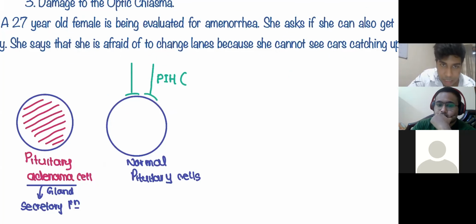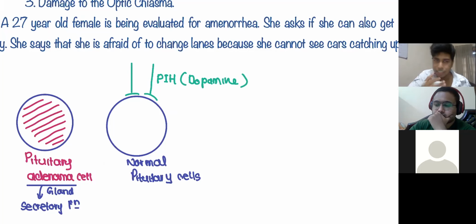Dopamine. Yes, it is basically dopamine, but because it is produced in the hypothalamus and it inhibits the pituitary cells from producing prolactin, it is called prolactin inhibiting hormone. It is basically dopamine.